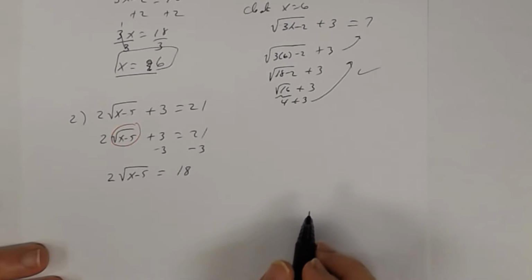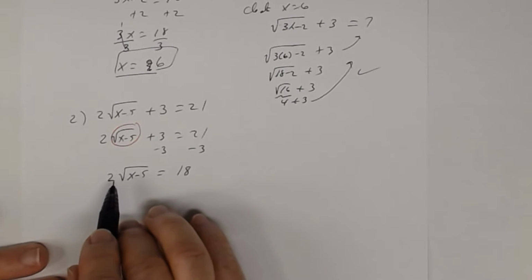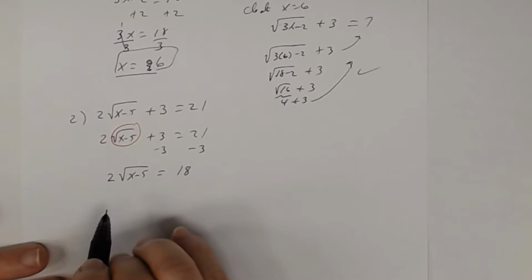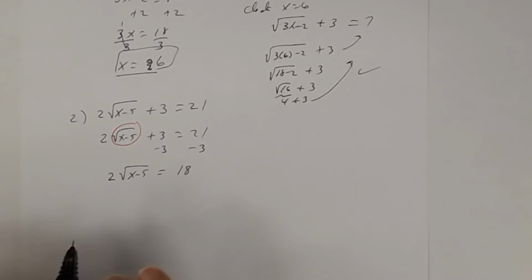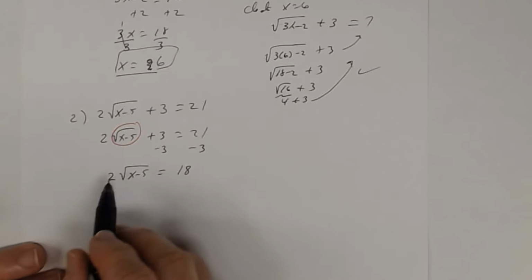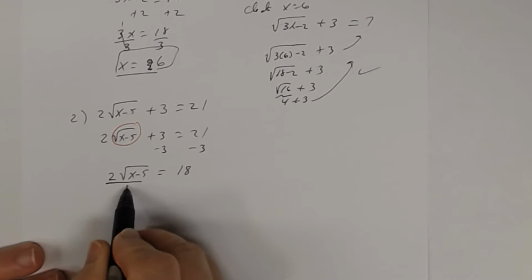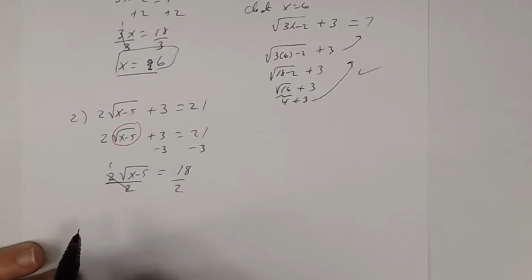Then the easiest thing to do next is divide both sides by 2, because right now you're multiplying by 2. Now someone may say, couldn't you just square right now? Yes, you could, but if you do, some of you are going to make a mistake. I'm going to tell you why. The easiest thing to do is to divide both sides by 2.